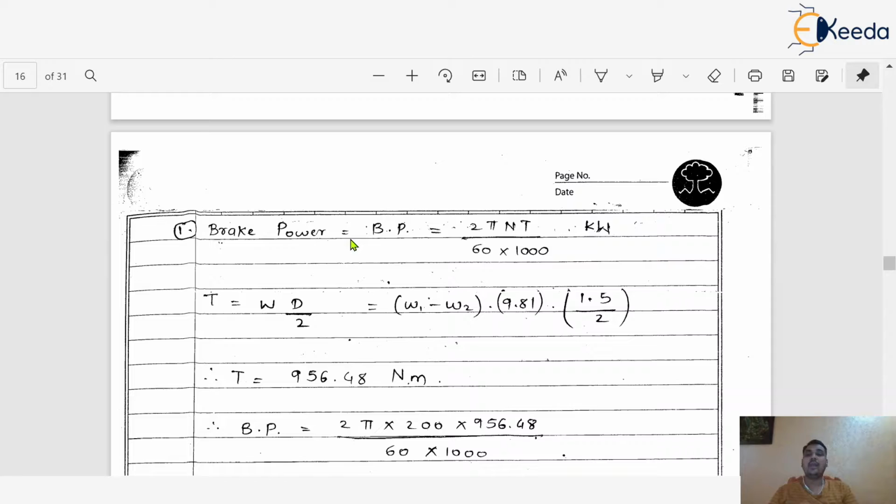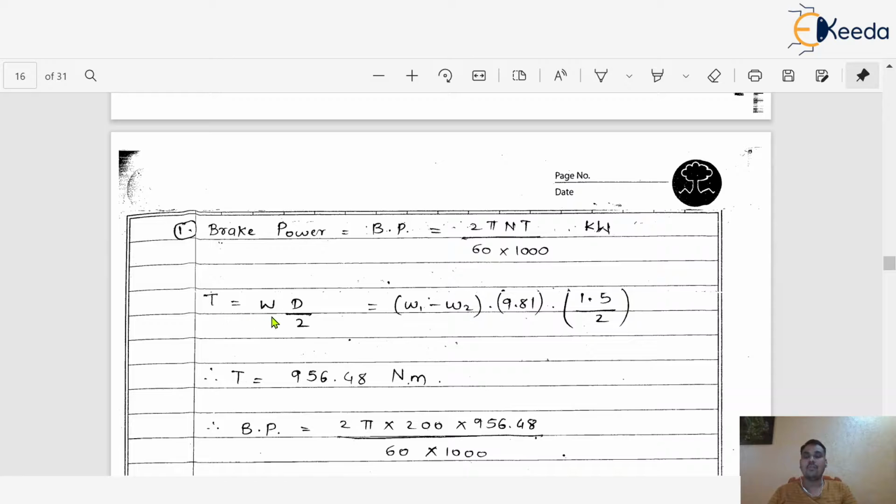Here we have to calculate the brake power of the engine. The formula is 2 pi NT by 60 into 1000, and the answer will come in the unit kilowatt. In this particular case, the RPM of the engine is given, and the unknown is the torque. So we have to first calculate the torque in this case.